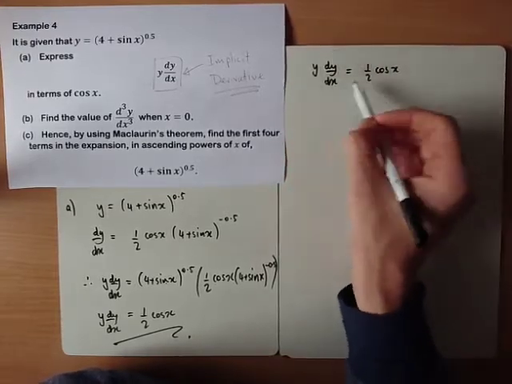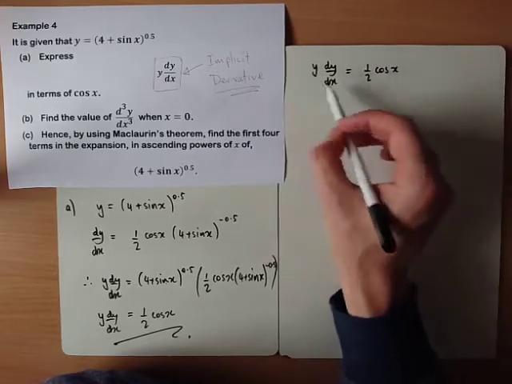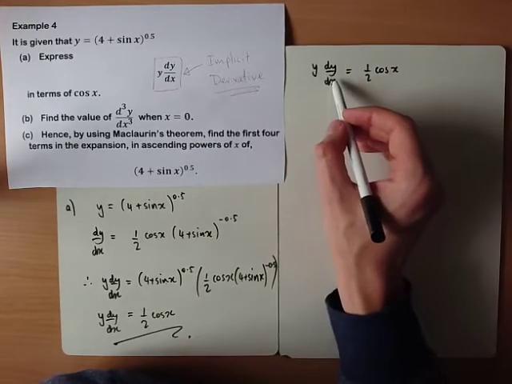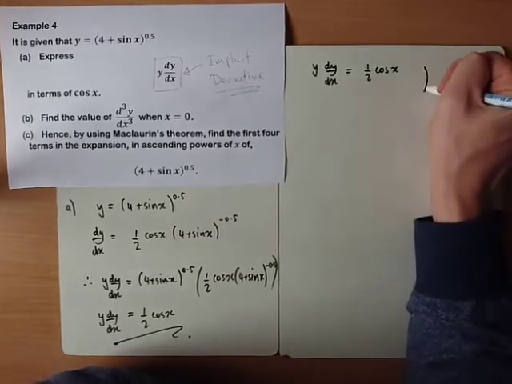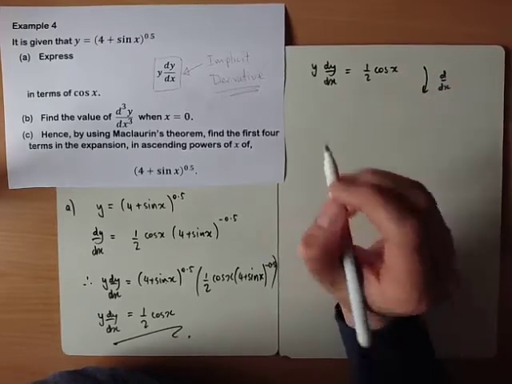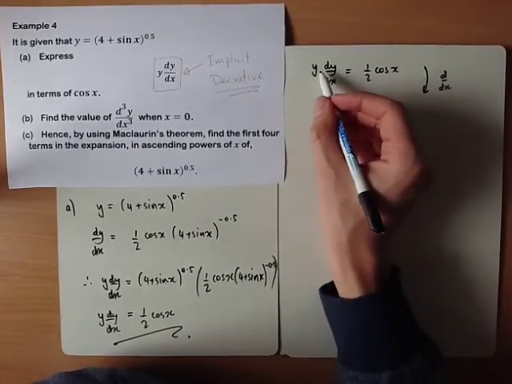So use this, because you can find the second derivative and the third derivative from this equation. Obviously we just have to use the product rule on the left hand side. If I differentiate the whole equation with respect to x on both sides, the derivatives are so much easier. I'm going to have to use the product rule on this side.